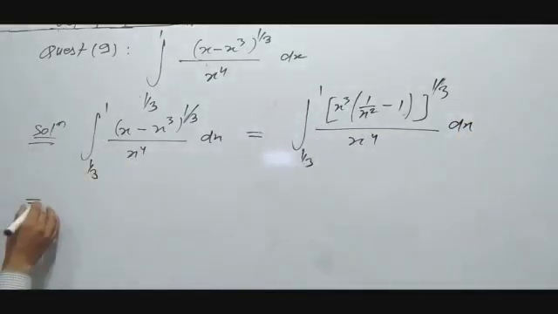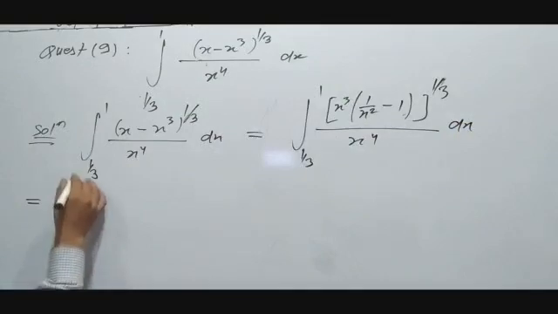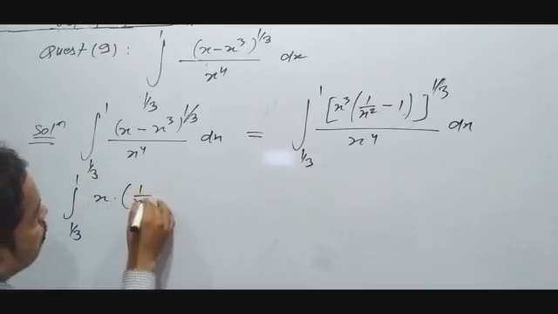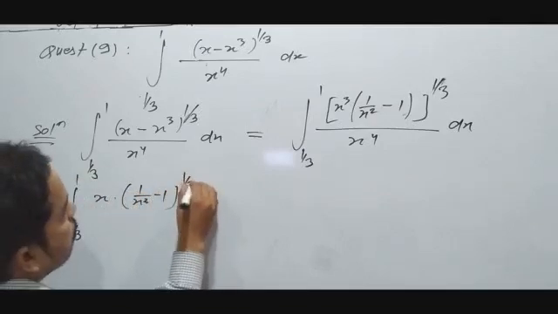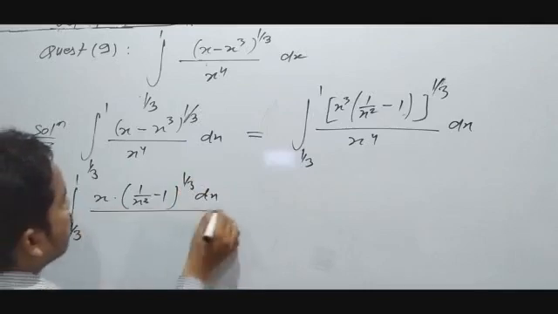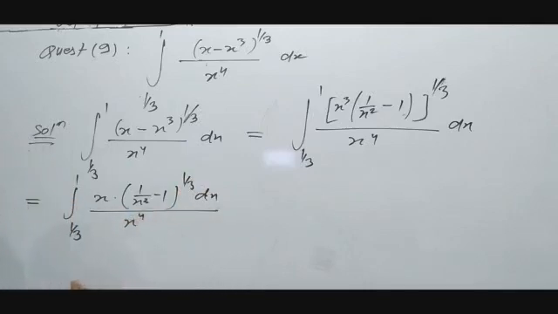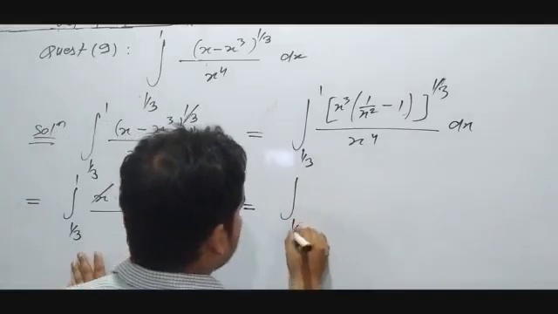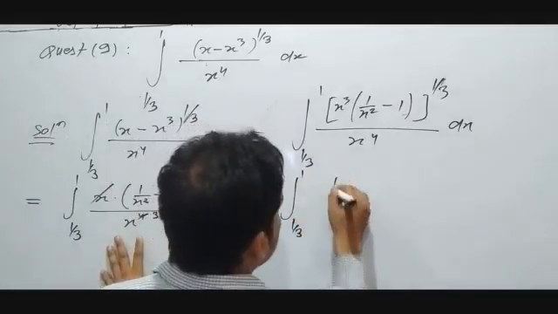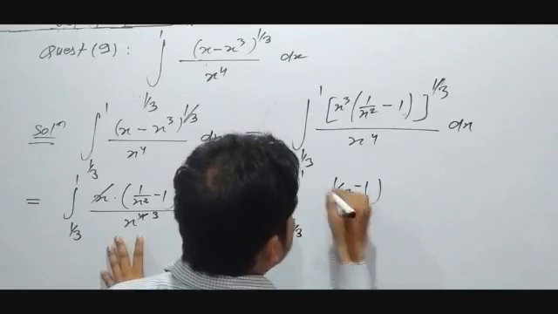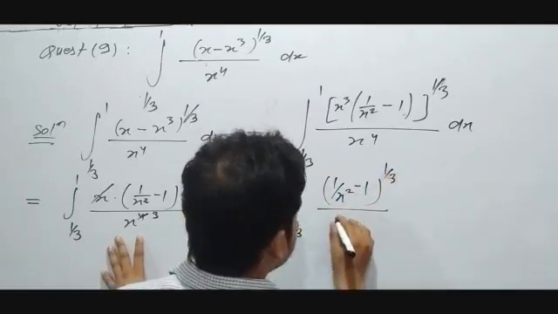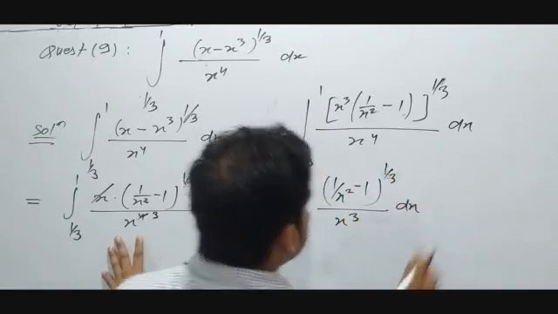Now the integration result will be from 1 by 3 to 1, x in bracket 1 upon x square minus 1 power 1 by 3 dx whole upon x to the power 4, and the x term will cancel out. So the integration format is from 1 by 3 to 1 of 1 upon x square minus 1 whole power 1 by 3 upon x cube dx.